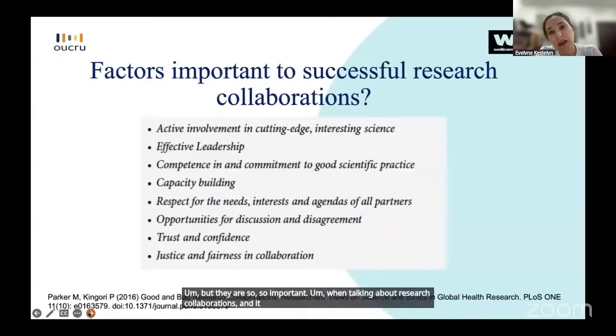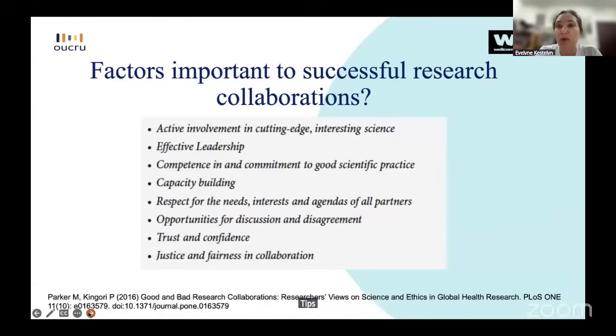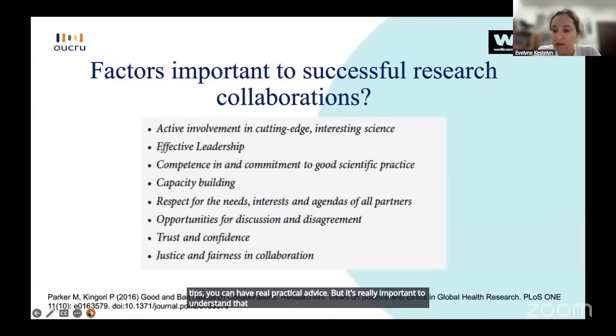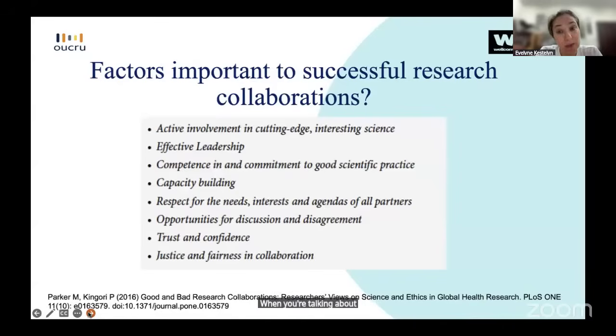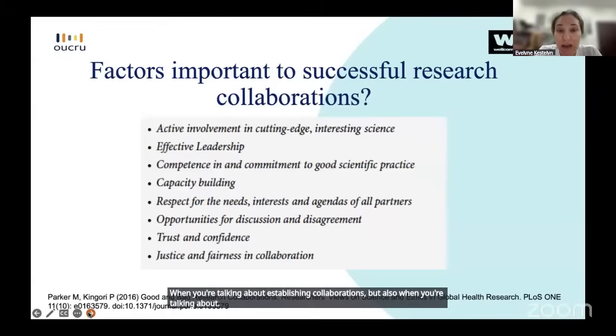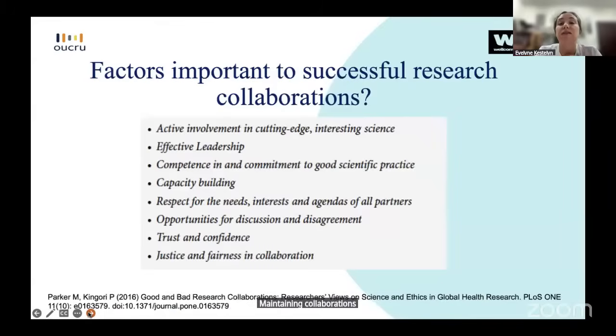And it was something that I wanted to share with you, because you can have tips, you can have real practical advice, but it's really important to understand that soft skills, values, and norms are elements that are really important when you're talking about establishing collaborations, but also when you're talking about maintaining collaborations and ultimately having successful research collaborations.